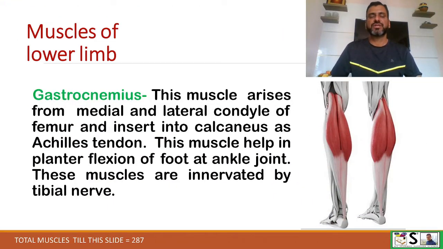Gastrocnemius. This muscle arises from the medial and lateral condyle of femur and inserts into calcaneus as Achilles tendon. This is also known as calf muscles. This muscle helps in plantar flexion of the foot at ankle joint and also flexion of knee joint, and it is innervated by tibial nerve.